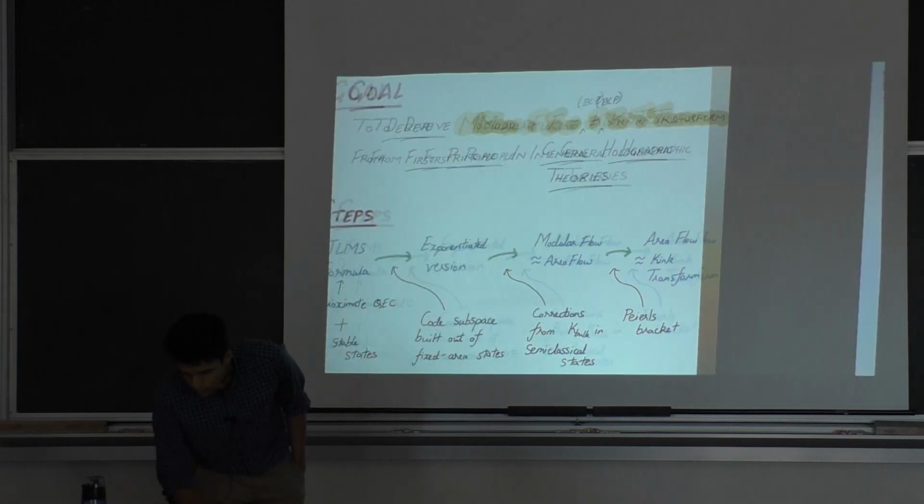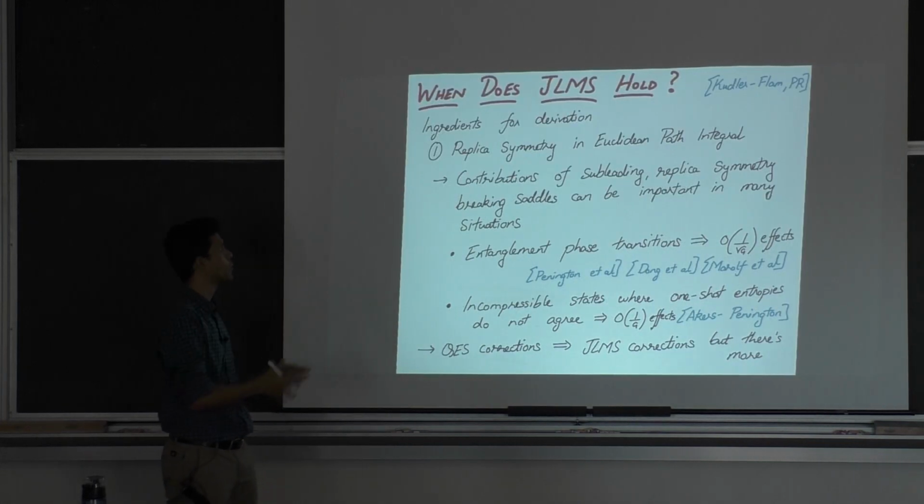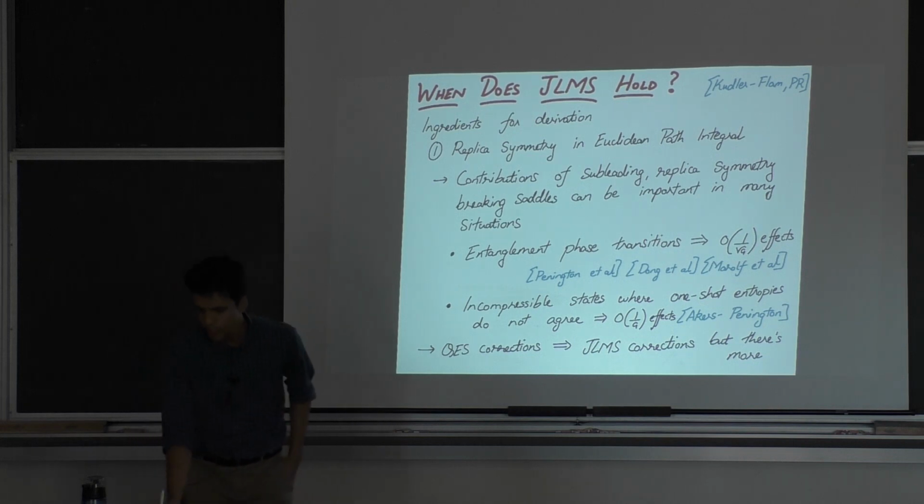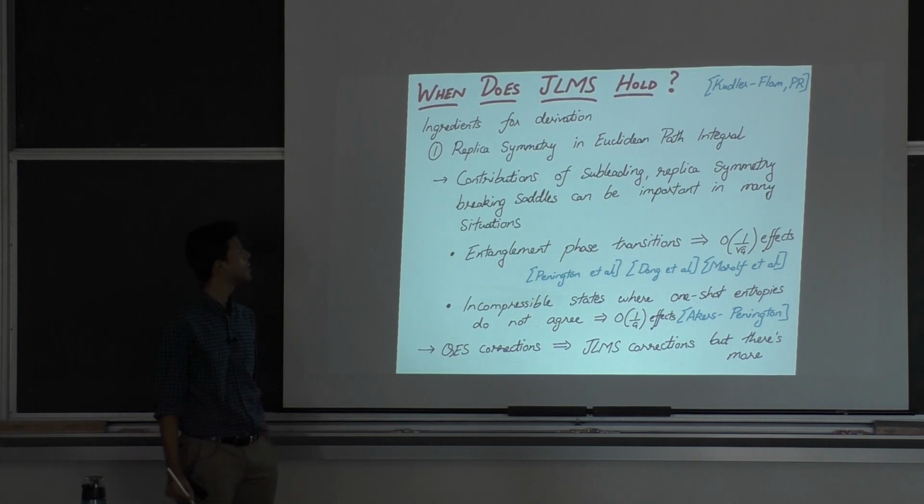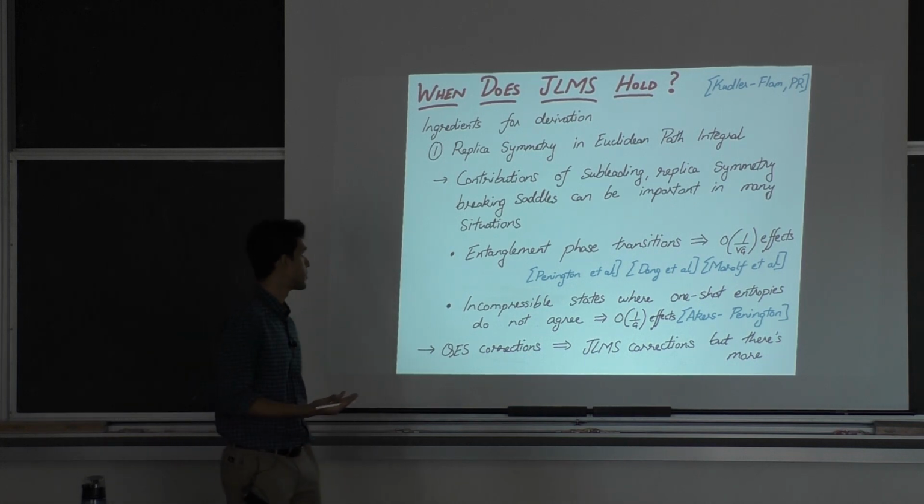Okay, so good. So let me start with the first question, which is when does the JLMS formula even hold? This was a question that we analyzed in this paper with Jonah Kudler-Flam earlier this year. And so just to remind you, the way that JLMS is derived in the first place is by starting with the Euclidean path integral, deriving something like the FLM formula, which requires replica symmetry.